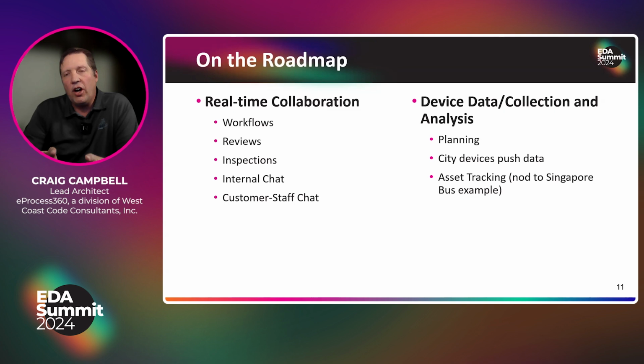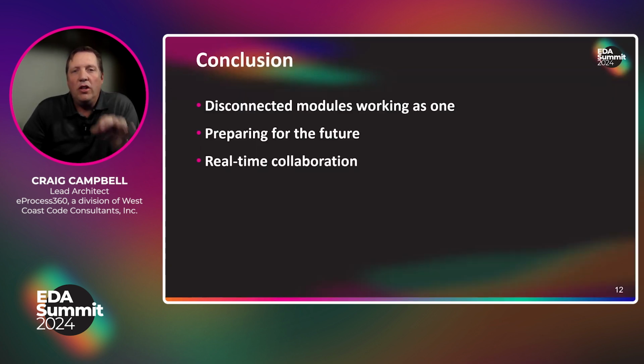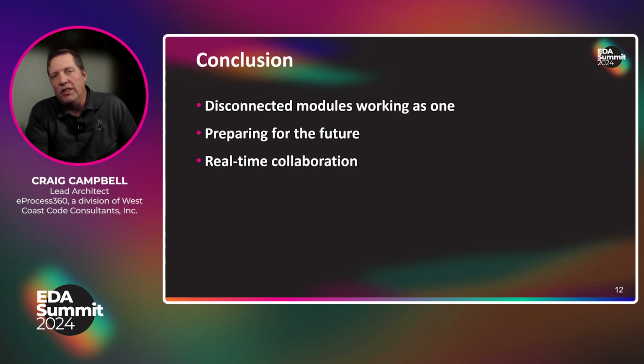So event-driven architecture allows for all of this to work, right? Disconnected modules working as a single piece, allowing us to prepare for extension without modification. It lets us scale up or add new services without having to go back and fix the ones that are there.